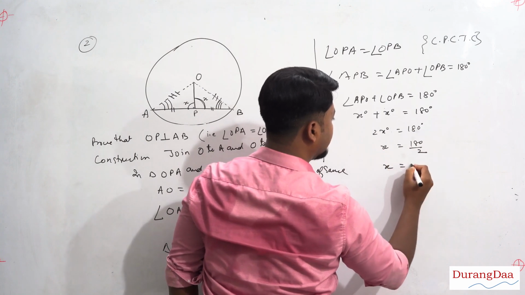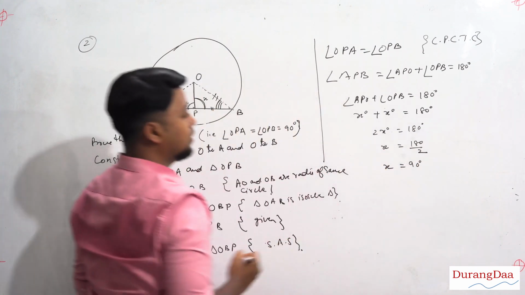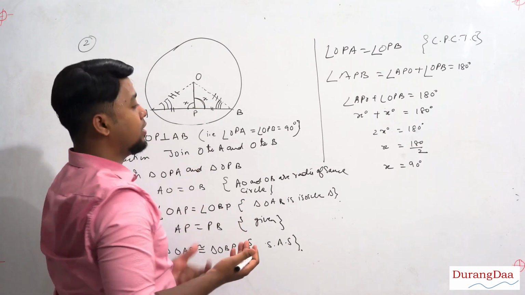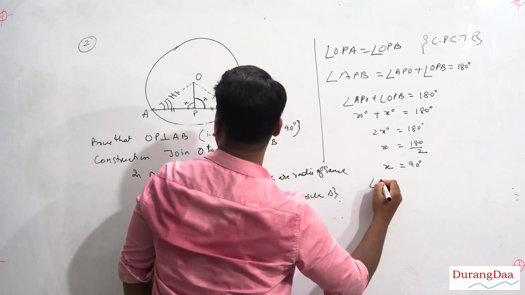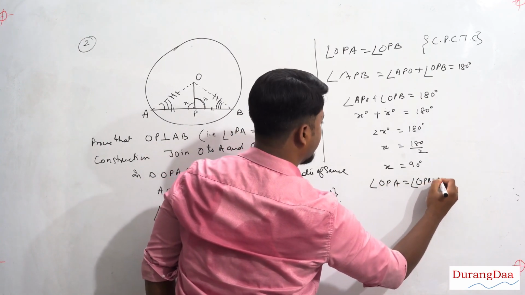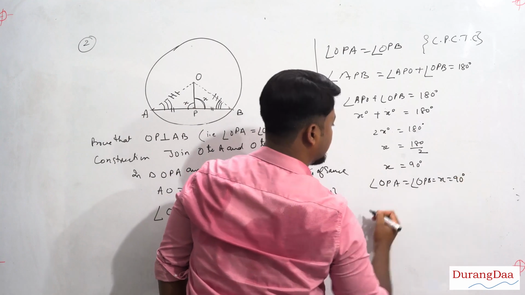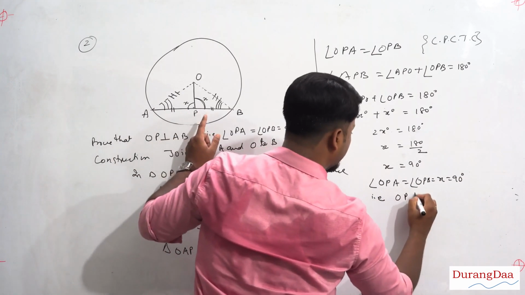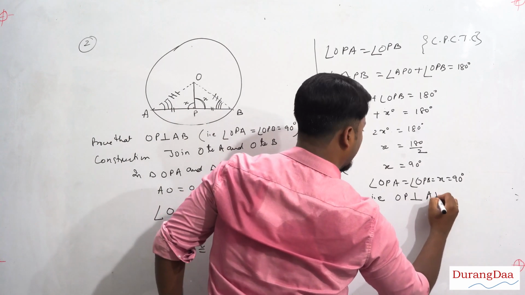That means value of x is equal to 90 degrees. All right. So clearly this angle and this angle both are 90 degrees. So angle OPA equals to angle OPB equals to x equals to 90 degrees. Means that is OP should be perpendicular to AB. Proved.